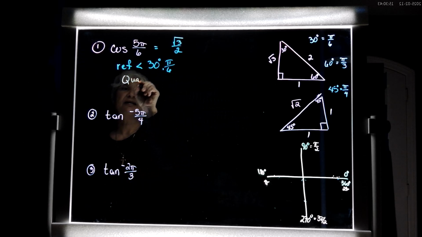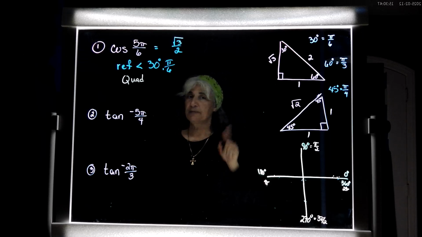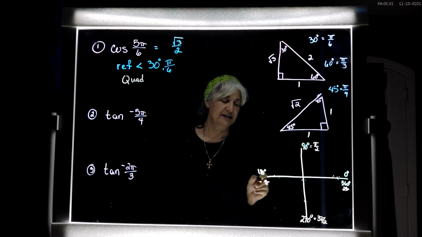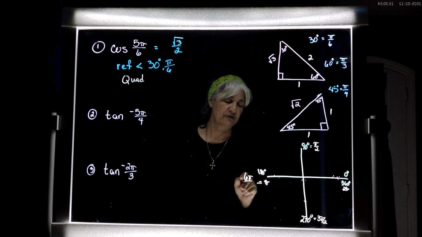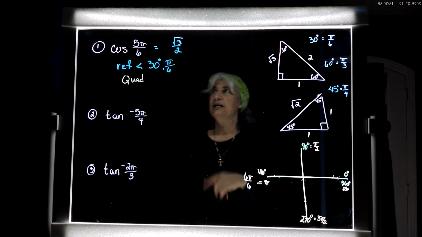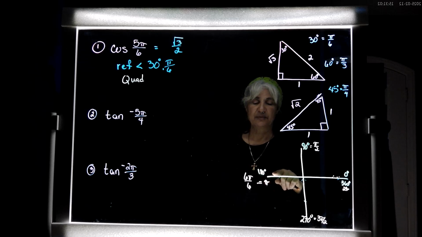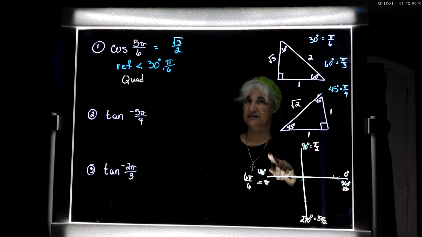Okay, so let's take a look at the quadrant. 5 pi over 6. Remember my benchmark? Yeah, that's pi. So this is 6 pi over 6. Let me give you a little bit of a different approach. If its reference angle is pi over 6, that means I'm going into this quadrant by pi over 6, which lands me at 5 pi over 6.